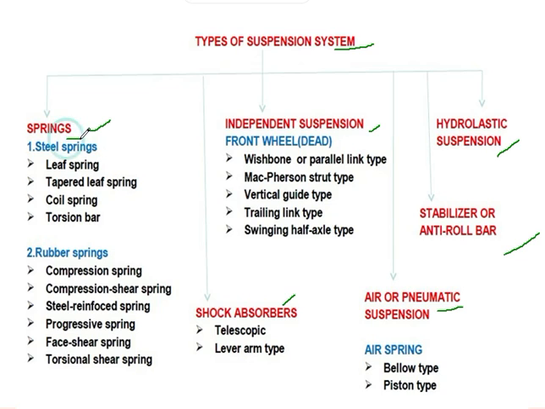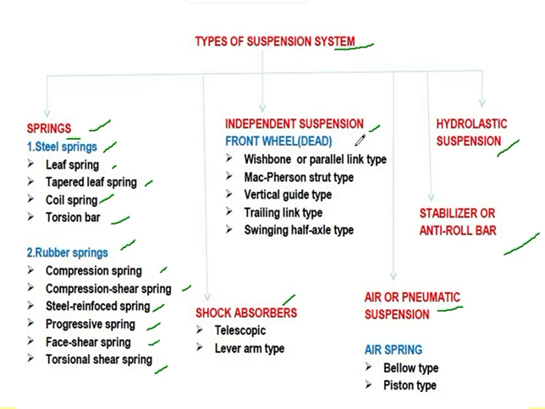Springs are further classified as steel springs and rubber springs. Steel springs are further classified as leaf spring, tapered leaf spring, coil spring and torsion bar. Rubber springs are further classified as compression spring, compression shear spring, steel reinforced spring, progressive spring, face shear spring and torsional shear spring.